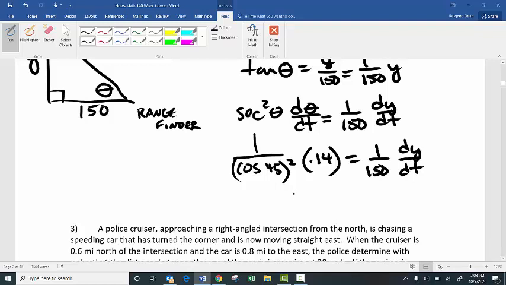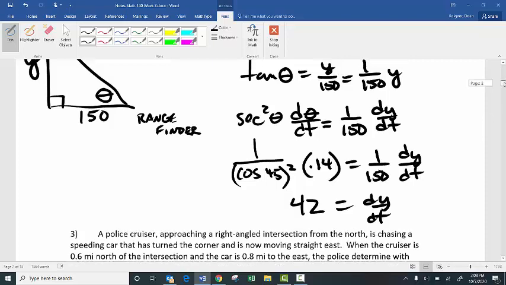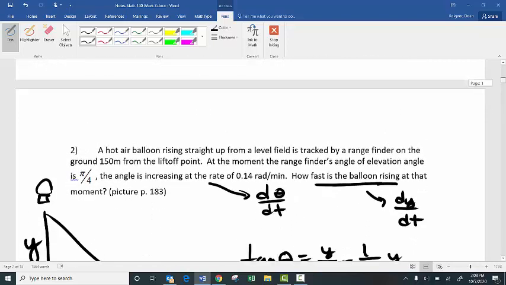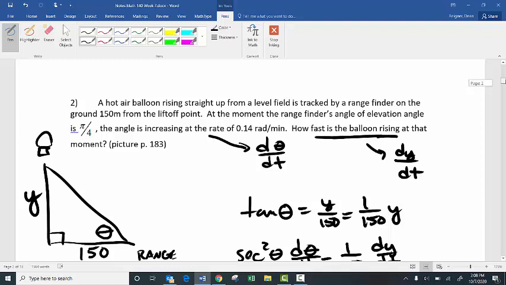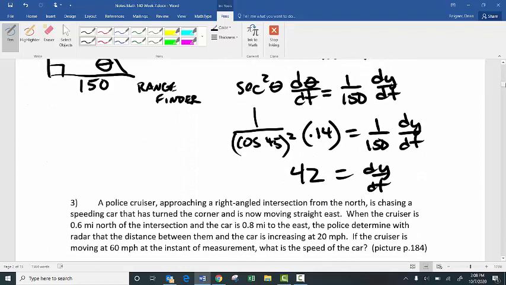Yes, 42. So the speed is 42 dy dt, and let's look for the speed, feet per second or something like that. Let's see. So it's per minute, and it's meters. So it's meters per minute. Okay. So that's the speed of the balloon. So whenever there's an angle, it's going to be some type of trig function there to do.